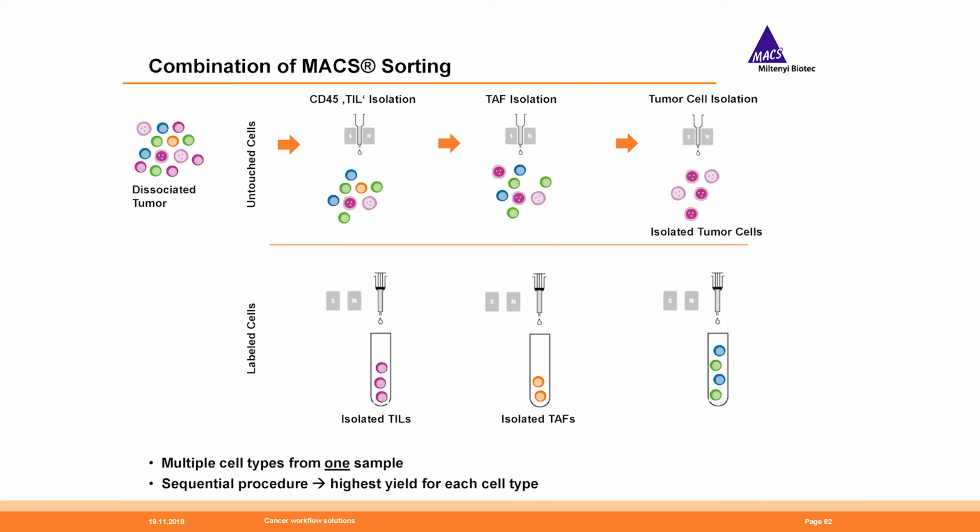So it's all the same sample, and going this way, you got your TILs, your tumor-associated fibroblasts, and your tumor cells, all in different fractions. Depending on how you plan your procedure or your experiment, you can really have a lot of ways to play around with these to get your target cells.